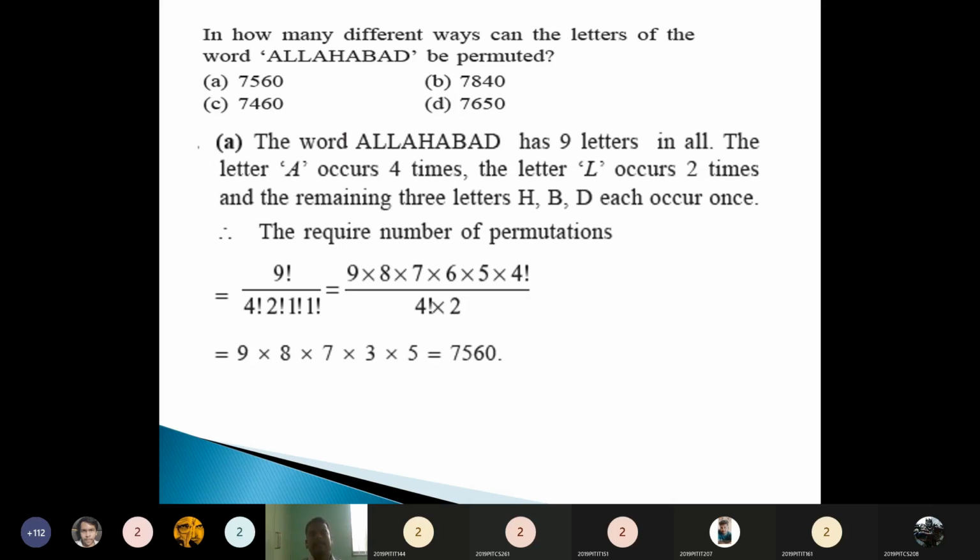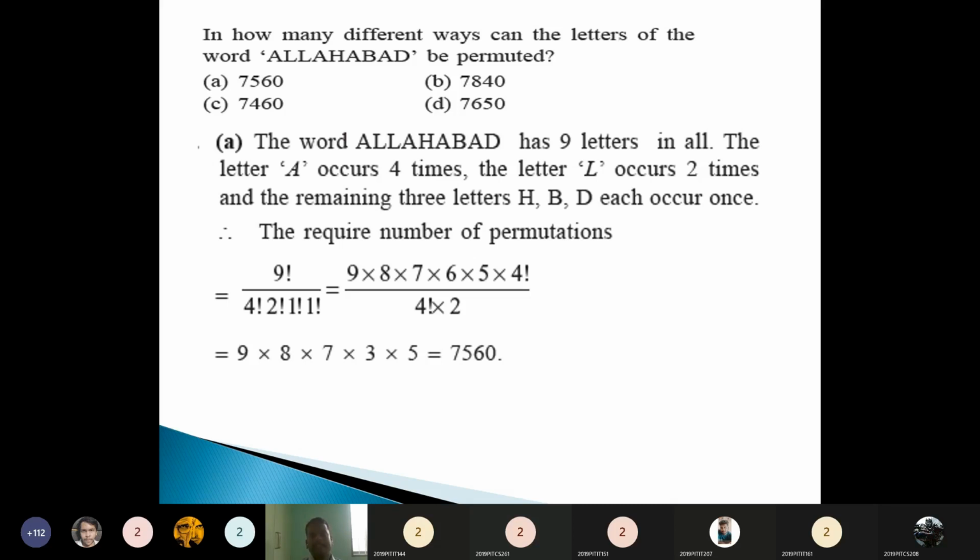But some of the letters are repeated. A is repeated 4 times and L is repeated twice. Other letters are only once. So the total number of letters in the word Allahabad is 9. In that, 4 A's are coming.